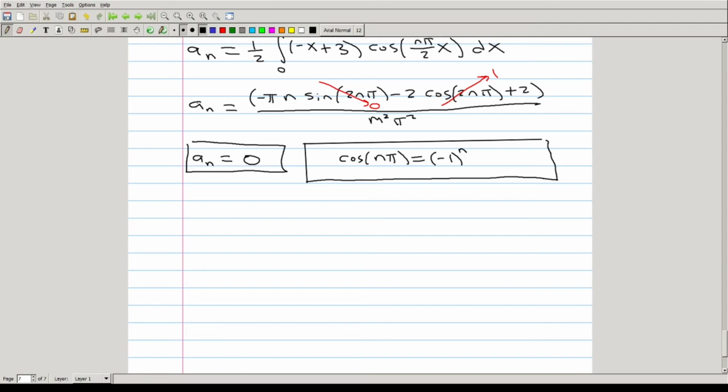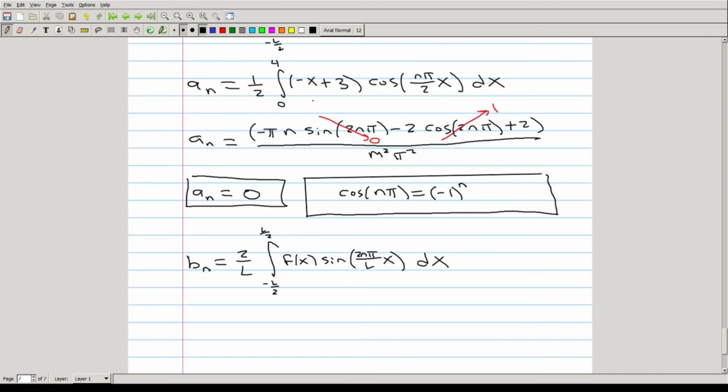But the idea is that the last sequence of coefficients, bn, will be 2 over L times the integral from negative L over 2 to L over 2 of f of x times sine of 2n pi over L x dx.